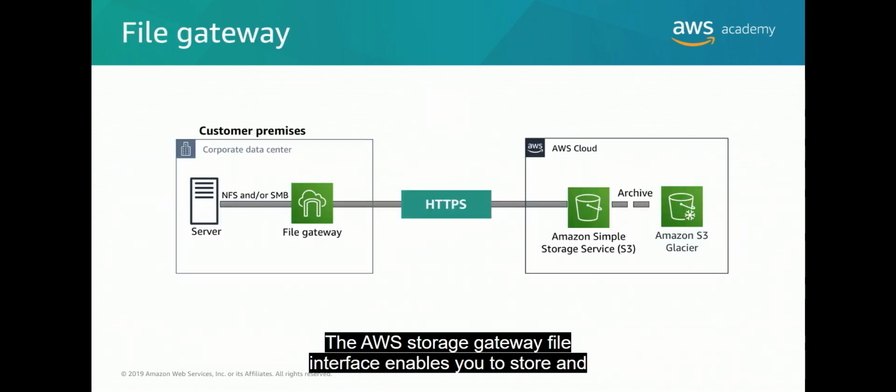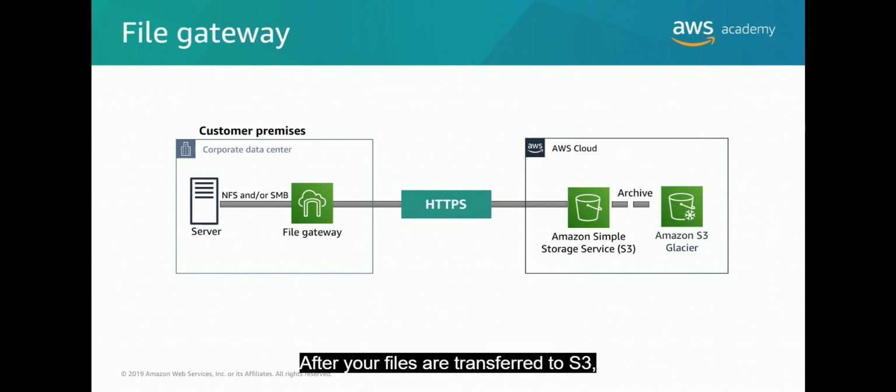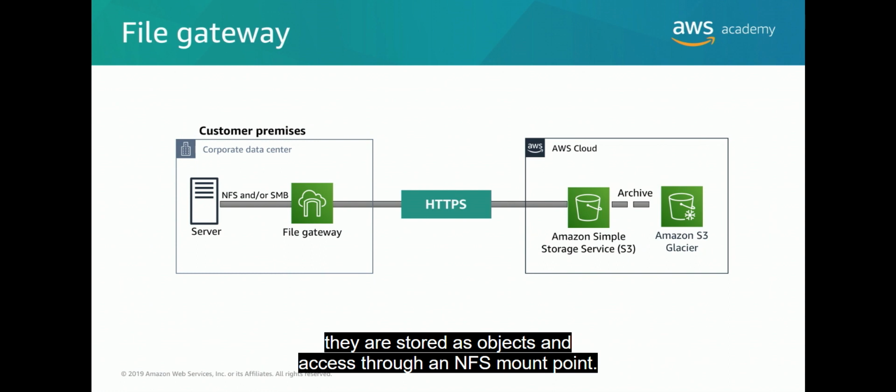The AWS Storage Gateway file interface enables you to store and retrieve objects in Amazon S3 by using the NFS or SMB protocol. After your files are transferred to S3, they are stored as objects and accessed through an NFS mount point. Here they can be managed as native S3 objects.